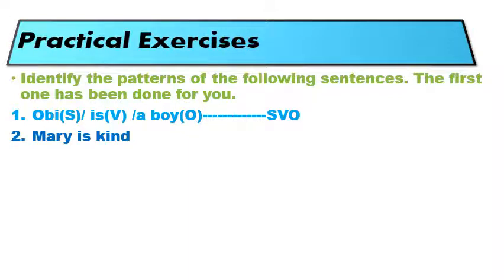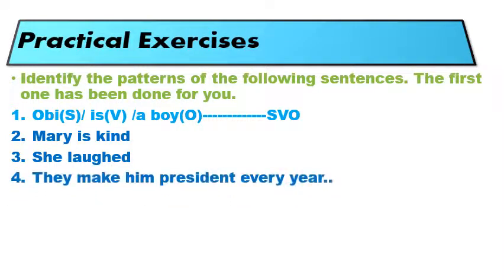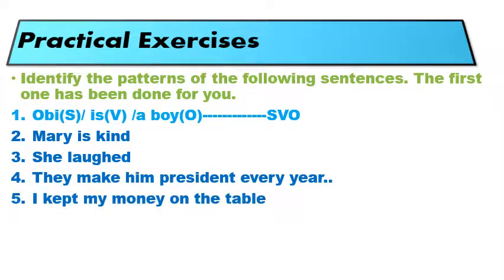So we have other sentences. Mary is kind. She laughed. They make him president every year. And then the last one, I kept my money on the table. Please identify the patterns of the following sentences, following the first one that has been done for you.